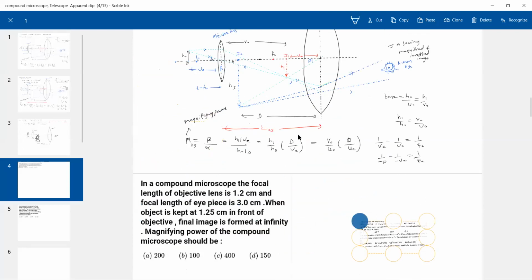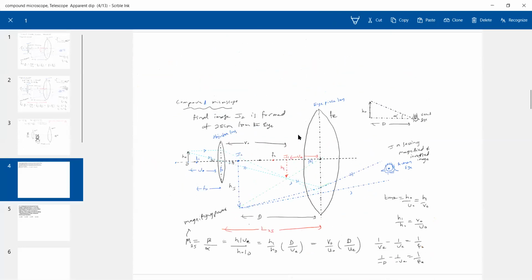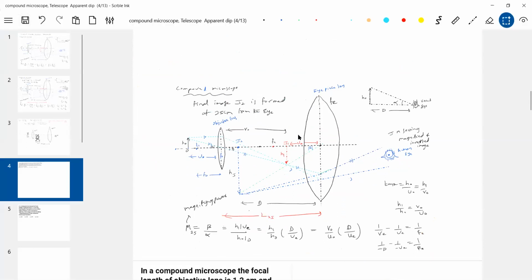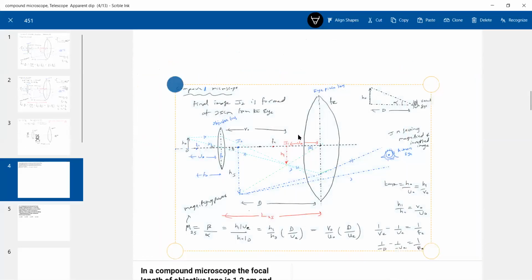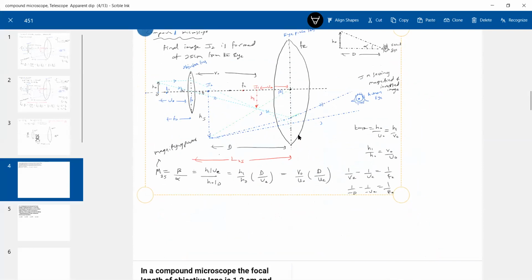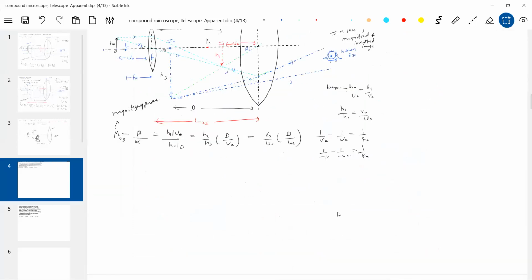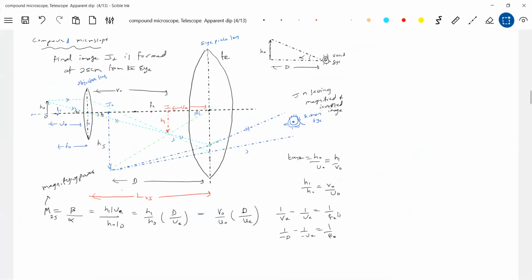We'll push it down. Now this is the thing. I'll make it a little bit small. Now, final image at infinity. So what changes are to be brought here?